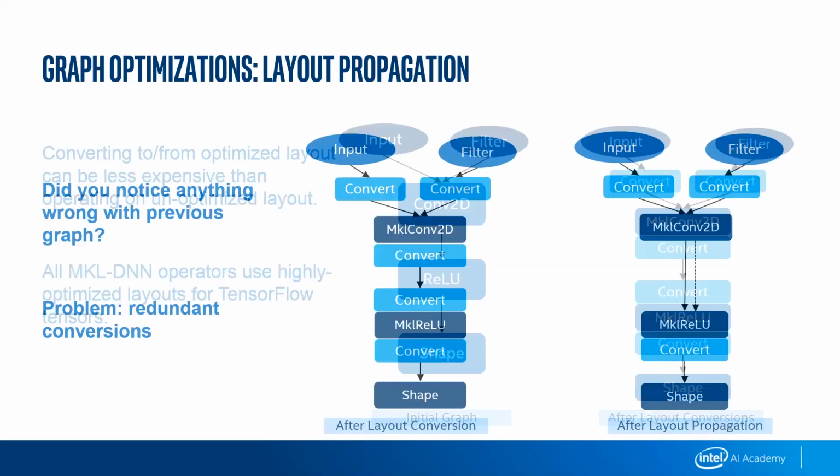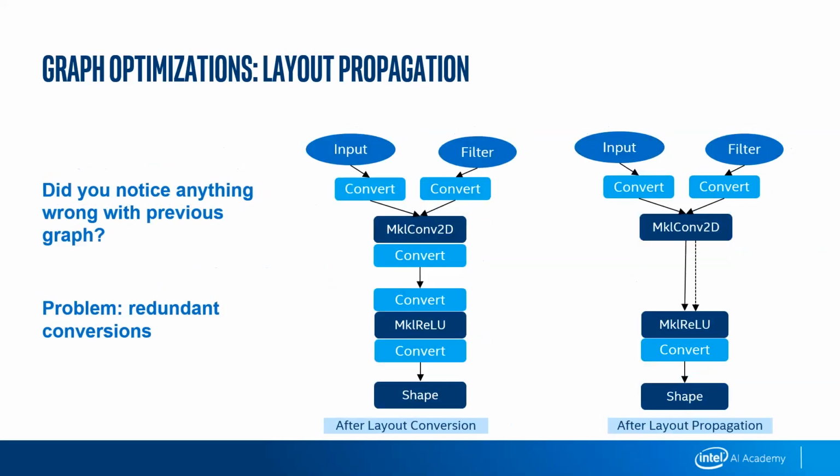If you take a look at the earlier graph, there's a bunch of redundant operations that we do. We do multiple converts, right? This is something that we can avoid. So rather than that, when we get the input, can we have it converted into a specific format that we want?